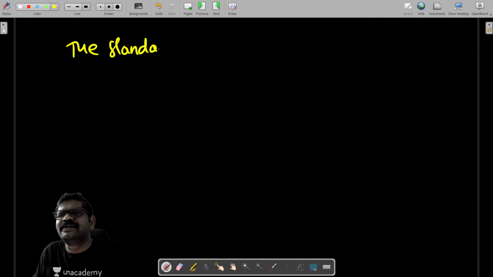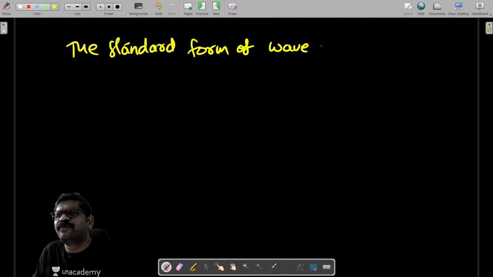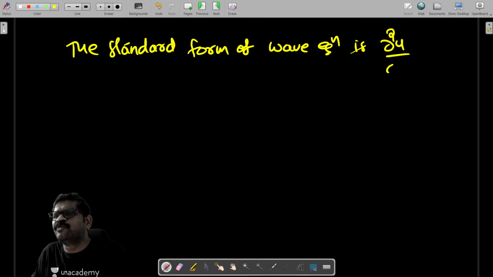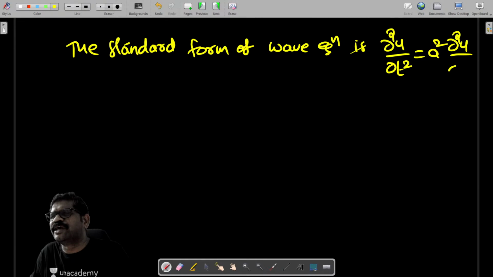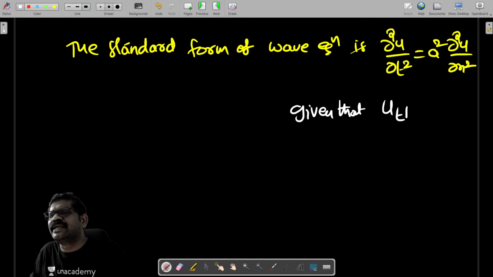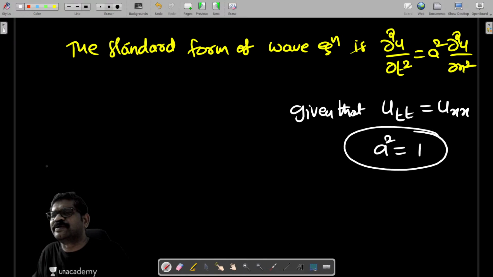The standard form of wave equation is del square u by del t square equal to a square into del square u by del x square. Given that u_tt equal to u_xx, by comparison, you can say that a square value is 1.